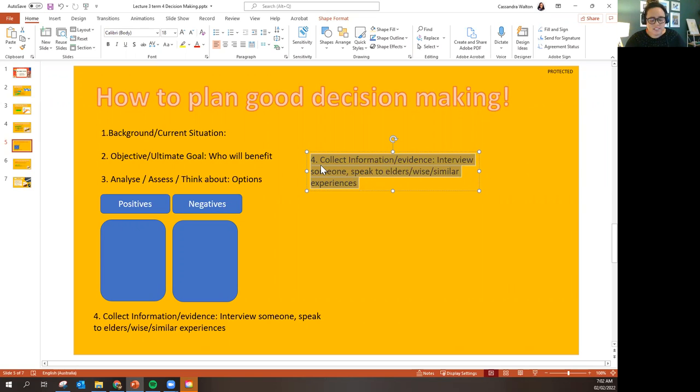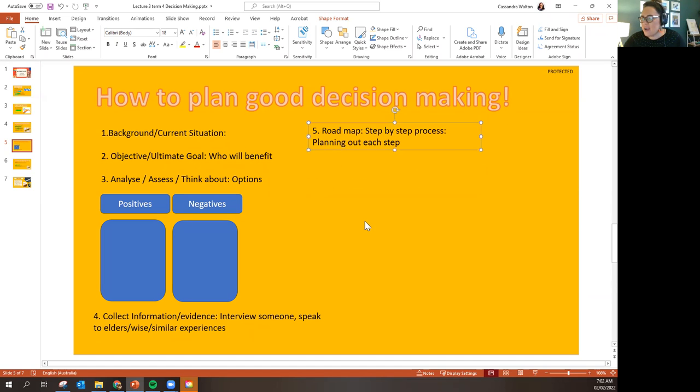And then I also like to think of the journey, like the roadmap. A step-by-step map, a step-by-step process of what you think can happen. So number 5 would be you planning out each step.